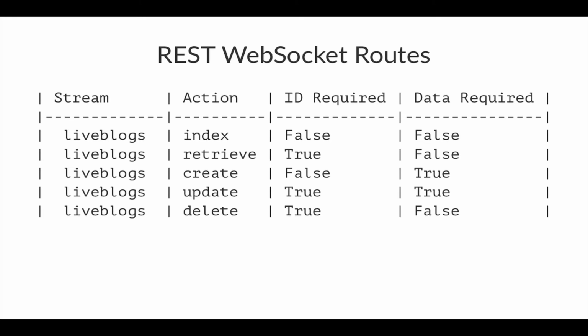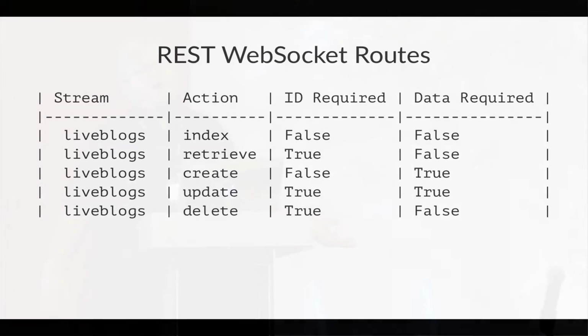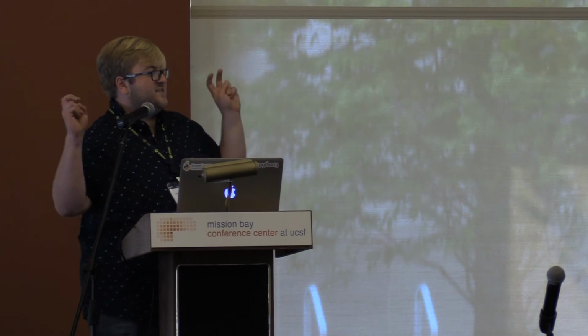Instead, we have this concept of a stream. The stream is defined by the Channels library, and the way I think about it, a stream is basically a resource. In this case I'll be using live blogs for my example, but you could think of it as users, posts, blogs, whatever your resource is. That's the stream.